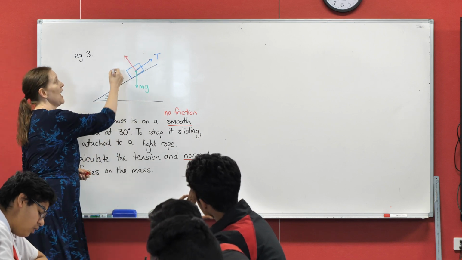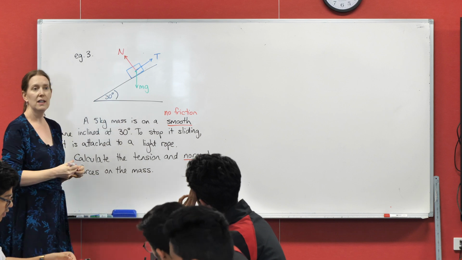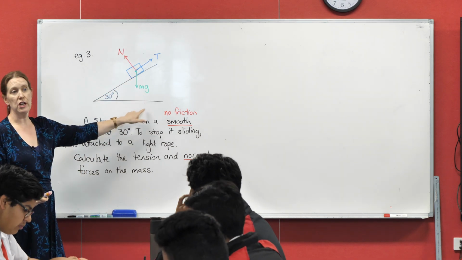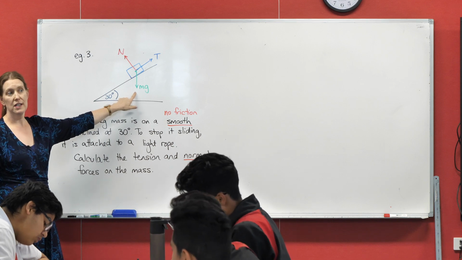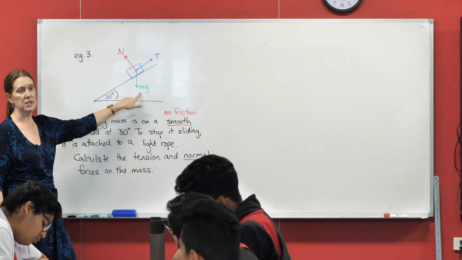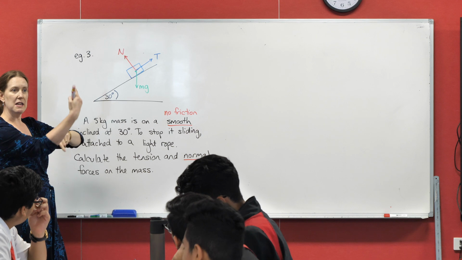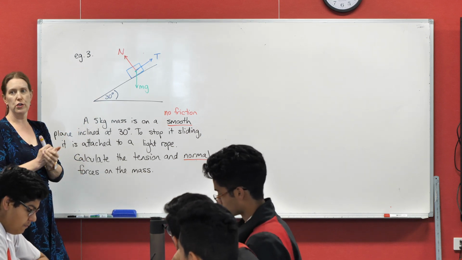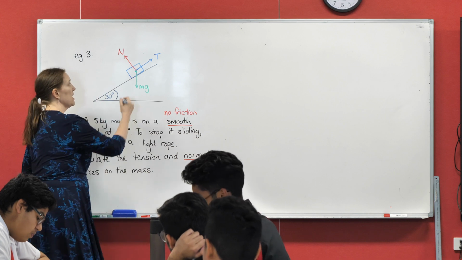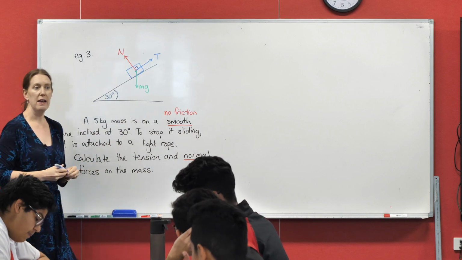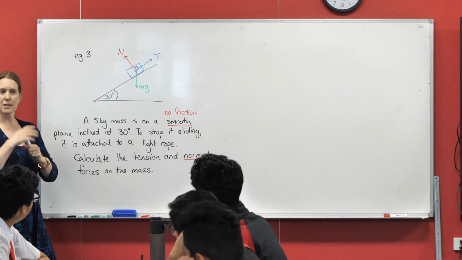And if I didn't have a normal force up here, my mass would come crashing through my slope because nothing would be resisting this, or very little would be resisting my mass. So it's acting back up to hold it onto the surface. Most importantly, there's a 90-degree angle here. So they're my 2 directions.